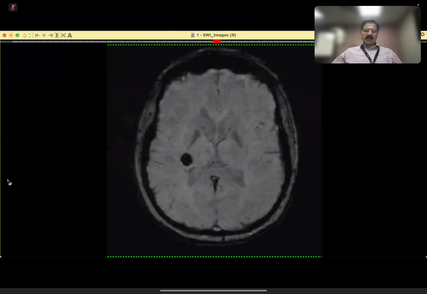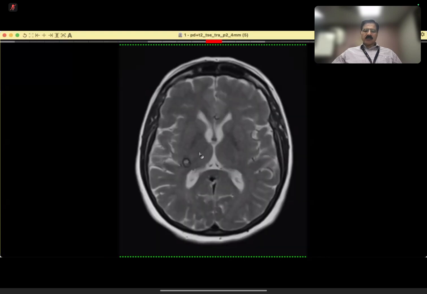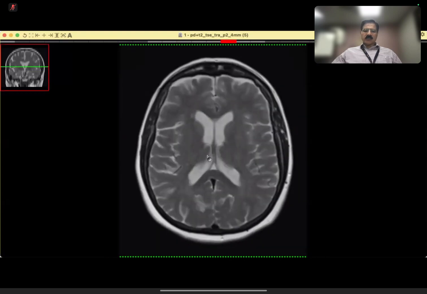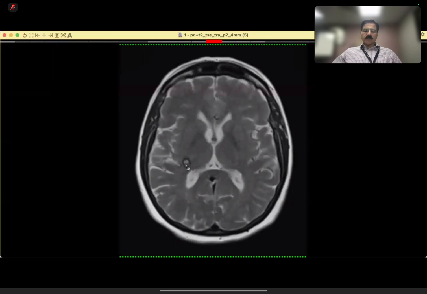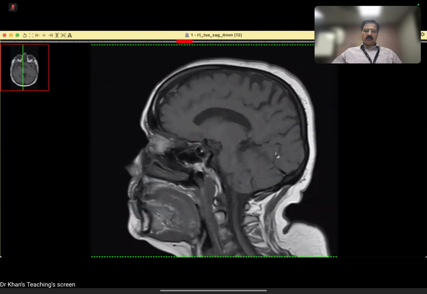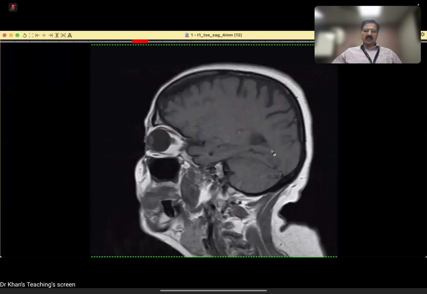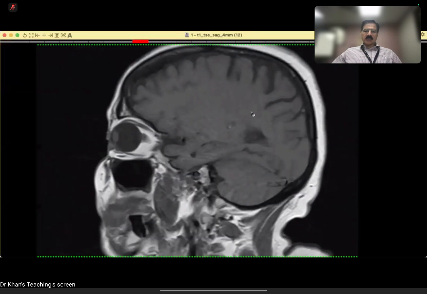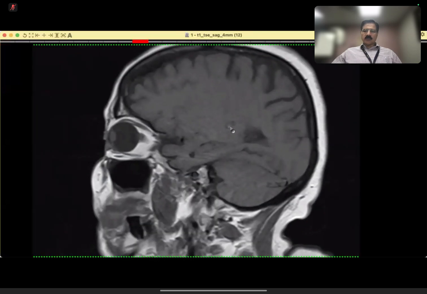But if the cavernoma is slightly big, it might show a hemosiderin rim, and within that there will be hemorrhagic foci of various ages. So it can be high signal on T2, and then if you look at the T1, you might get some high signal, and in this case we can see that there is a high signal within it.